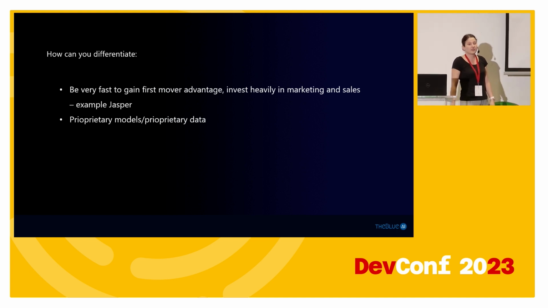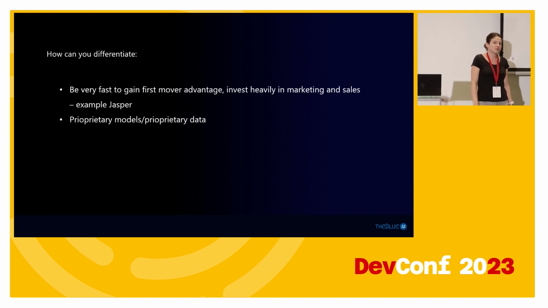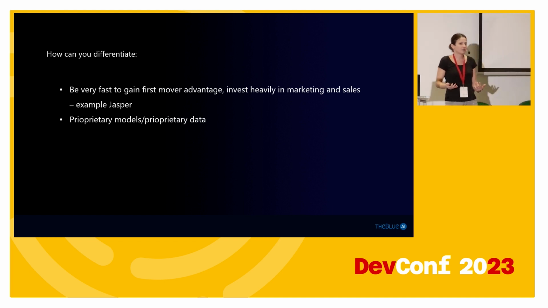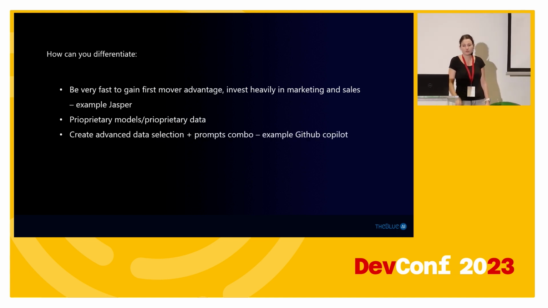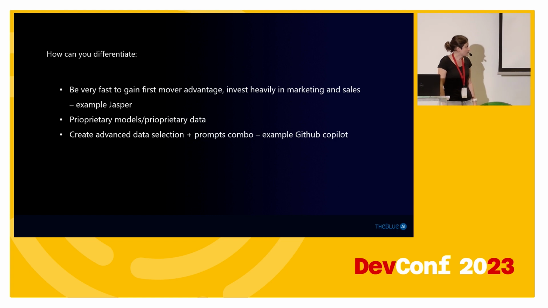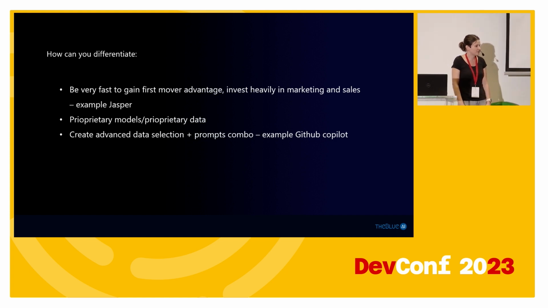Or you can use proprietary data, which sometimes is not that easy to get, because maybe you're possessing data that no one else has, so you can build on that, and I think this is quite important for the future solution. And you can also use the advanced data selection and prompts combo. So I think, Krzysiek, that's also something that you did quite a lot, and it's not as easy as it sounds. You can really play a lot with that, and I think GitHub Copilot is doing that really great.